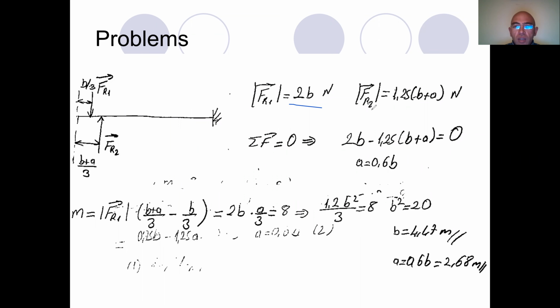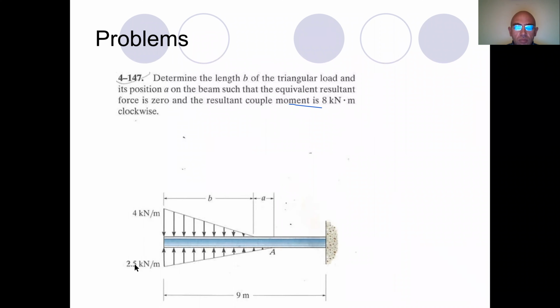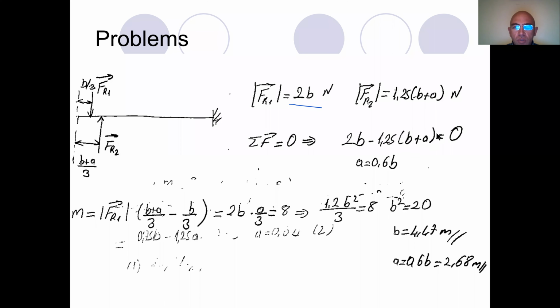FR2 is equal to, so the peak magnitude is 2.5, as you see here. Therefore, the area under this distributed load is 2.5 multiplied by B plus A divided by 2, which makes 1.25 (B plus A).